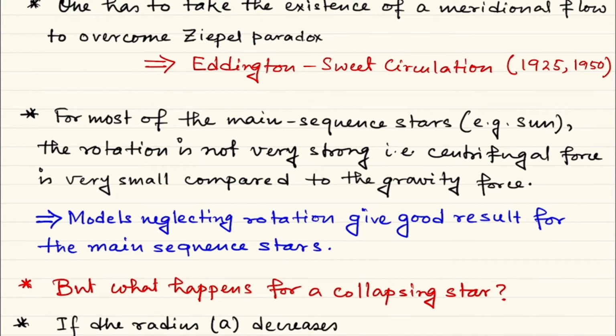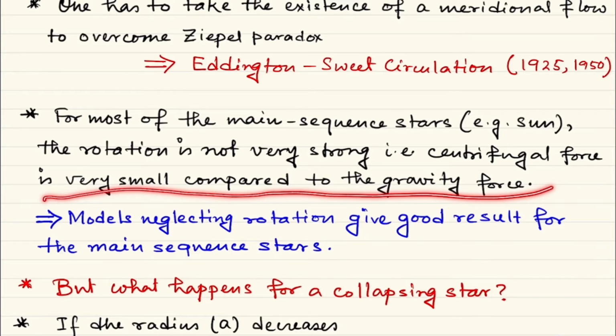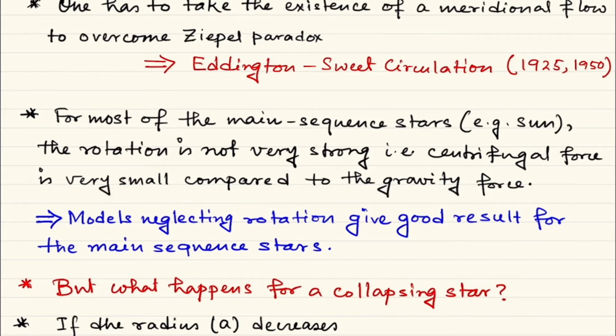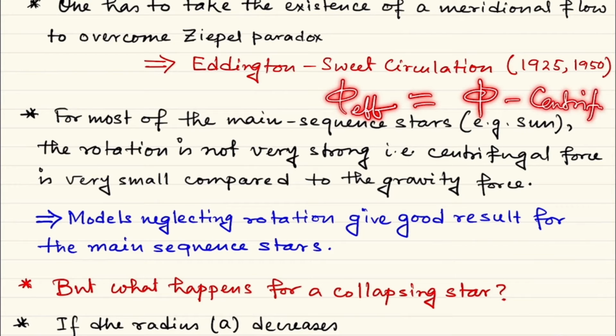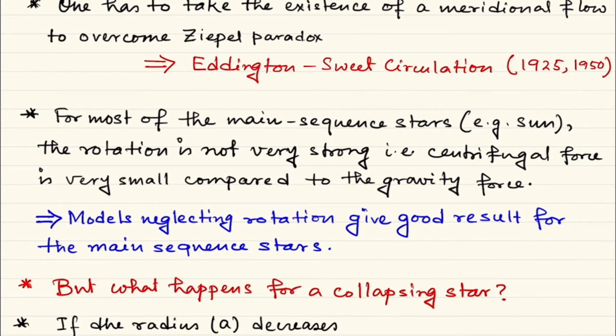Quantitatively it is simply equivalent to saying the centrifugal force is very small compared to the gravity force. Or actually in the effective potential phi effective, we have two parts, one is phi, another is this centrifugal part. Now this centrifugal part is negligibly small for the main sequence star.